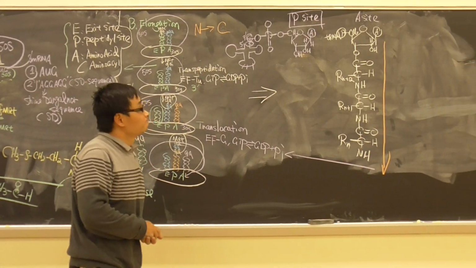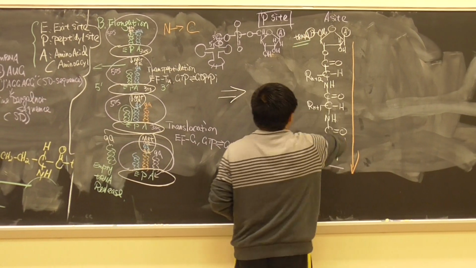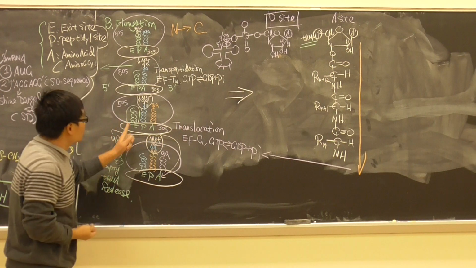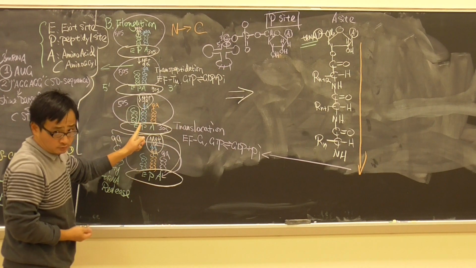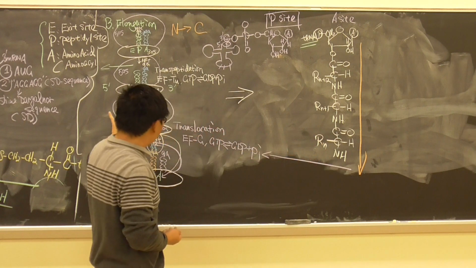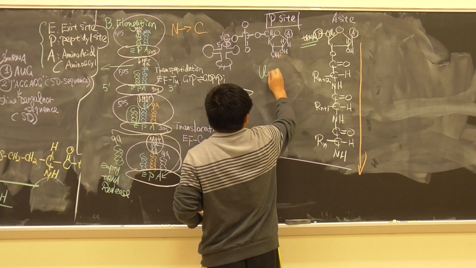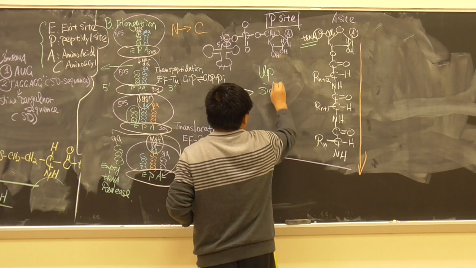Why? This tRNA is on the top, and this tRNA here is at the bottom. So how do you understand this? From this picture to here, the structure, you need to make sure it is upside down.